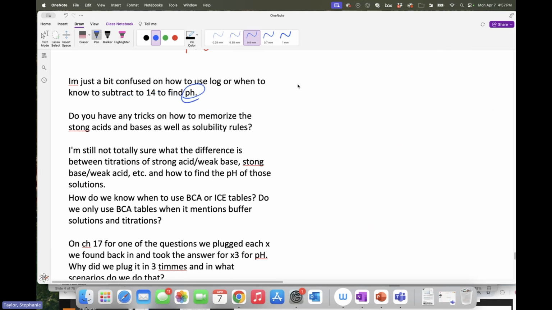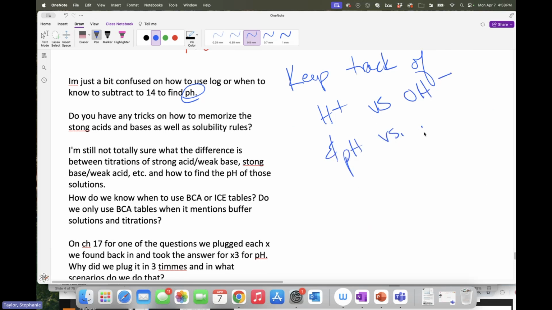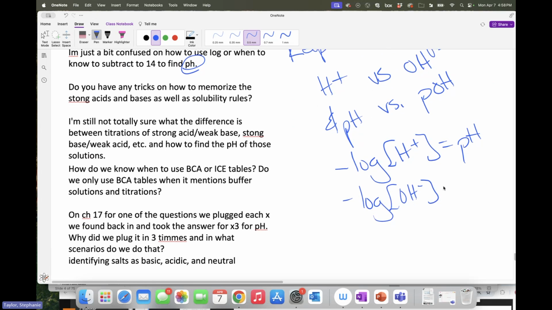The main game is to keep track of proton versus hydroxide and pH versus pOH, because the negative log of your proton concentration will give you pH, but the negative log of your hydroxide concentration gives you pOH. I know those are very similar to each other, but that's what you're trying to keep track of: what do you have and what do you need.